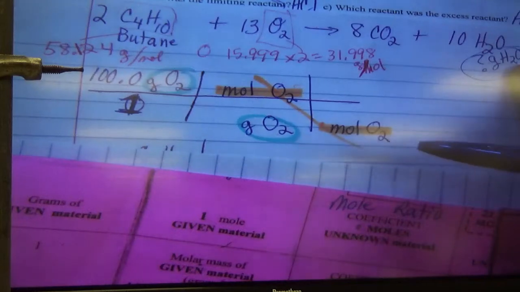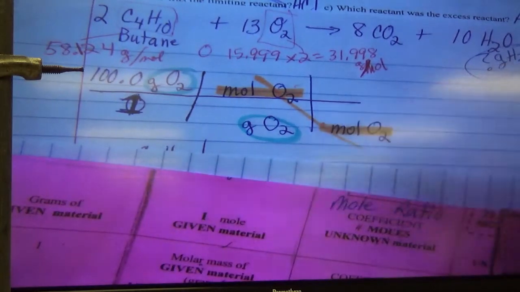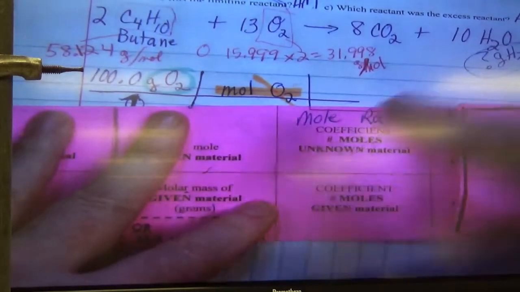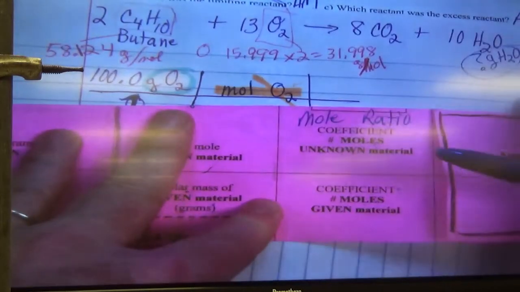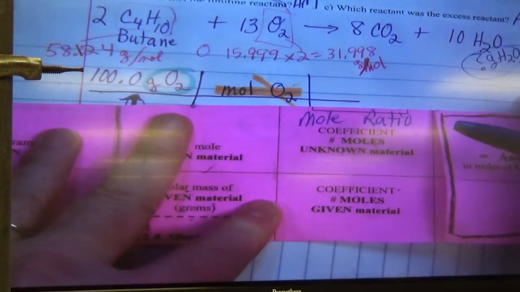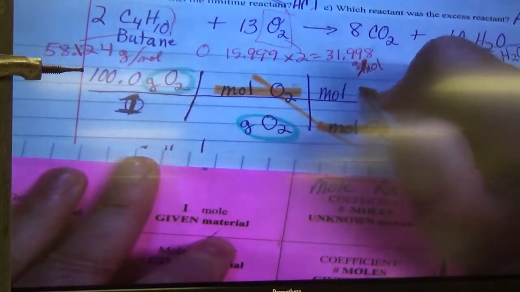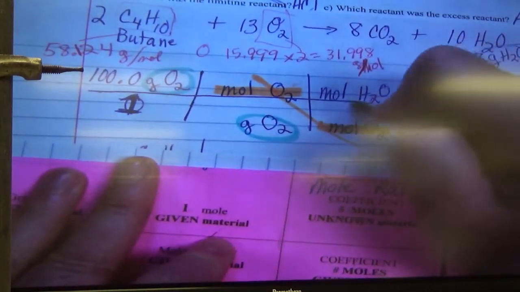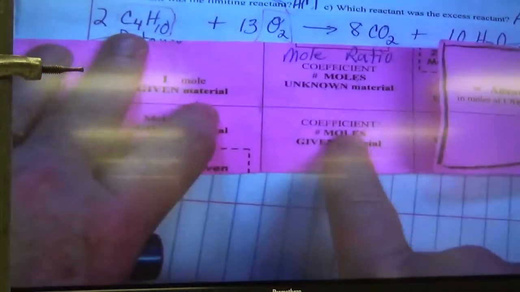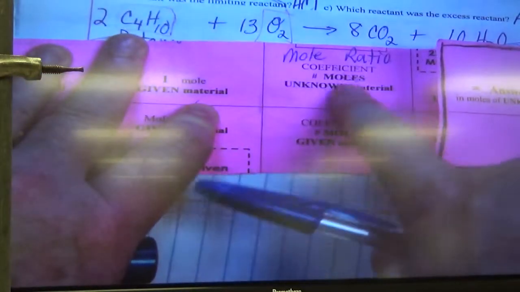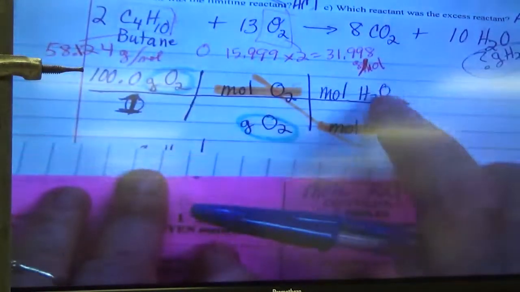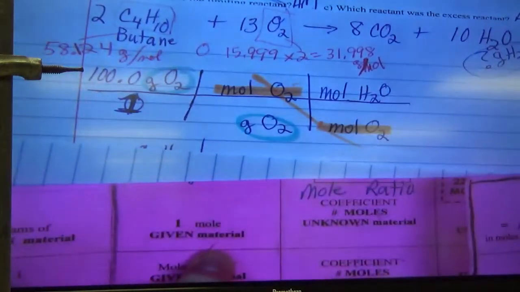So yes, it's the unknown. Moles of unknown will go on top, and the unknown is water. You saw that it was water? Okay, very good. So moles of water will go on top. Moles of given on bottom, moles of unknown on top. That's why we write moles of water.